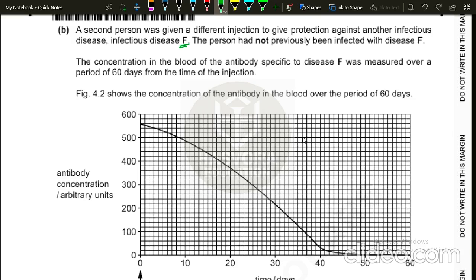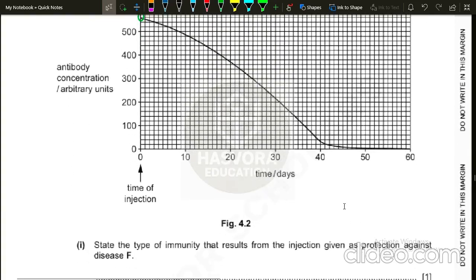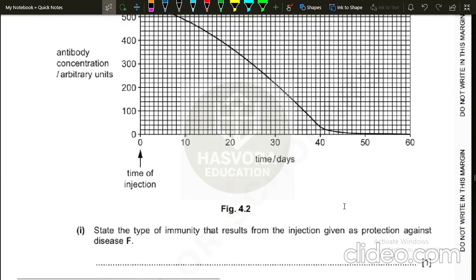We have seen that whenever a vaccination, or a natural encounter between the pathogen and an individual occurs, the graph of the antibody concentration is something like this, because it takes a while for the primary immune response to be generated. But here you can see that the antibody concentration is reaching a max point and then it is decreasing from that point. When the injection is given, the antibody concentration suddenly becomes the maximum. So this means that the individual has been given an injection of antibodies rather than that of the pathogen for vaccination.